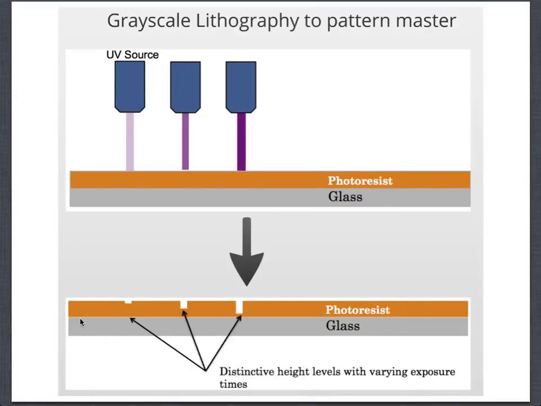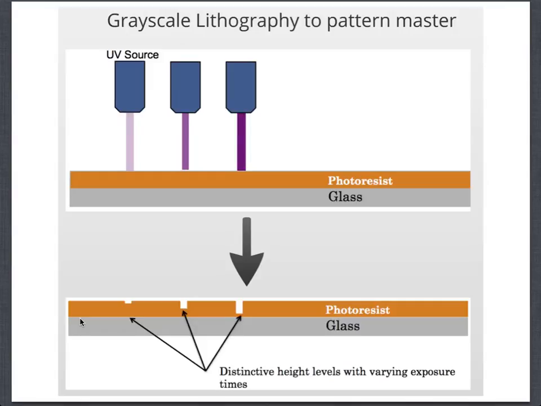So how do we manufacture this polychromat? We use a technique called grayscale lithography. Do you have an idea how normal lithography works? Exactly. The photoresist is a photosensitive material.